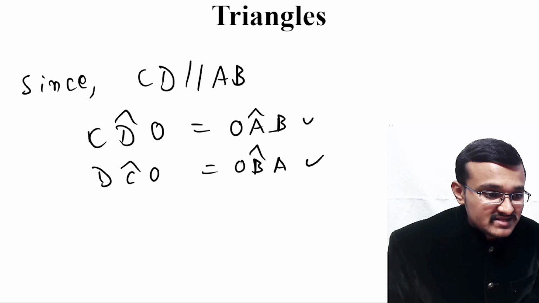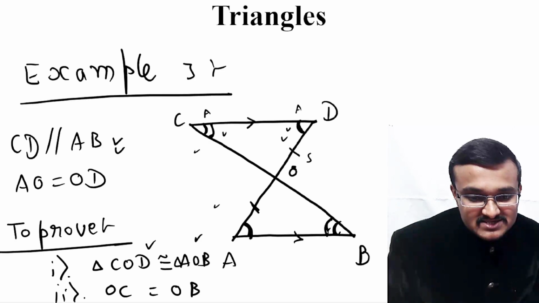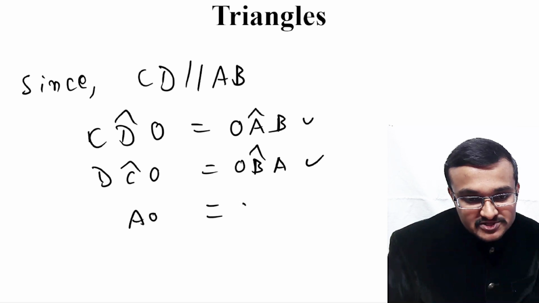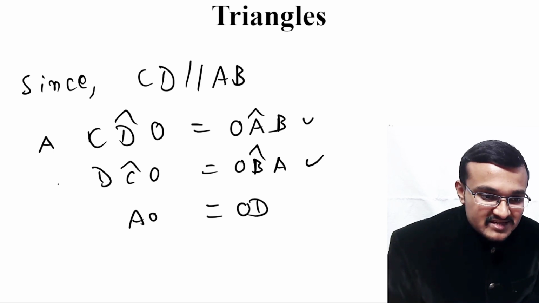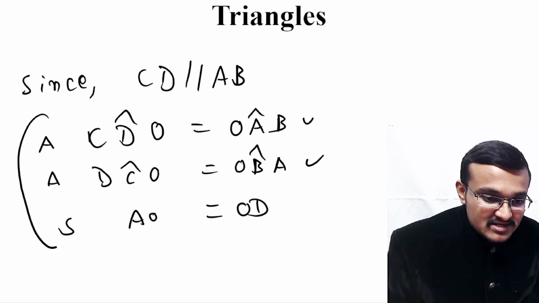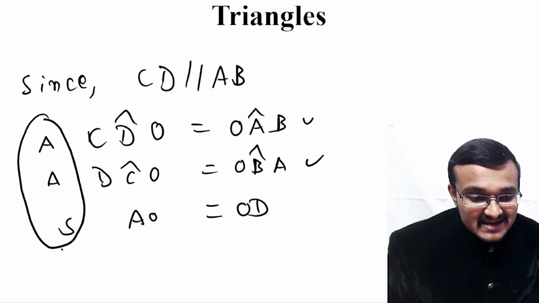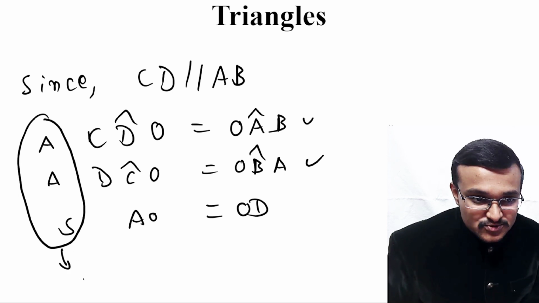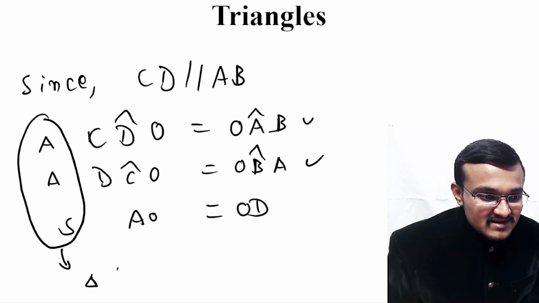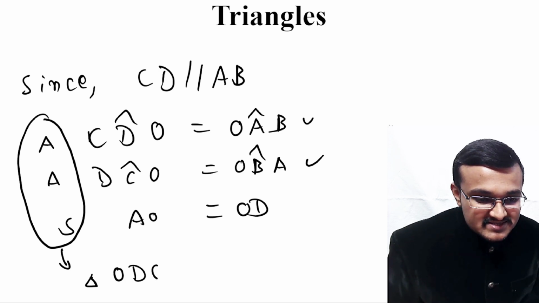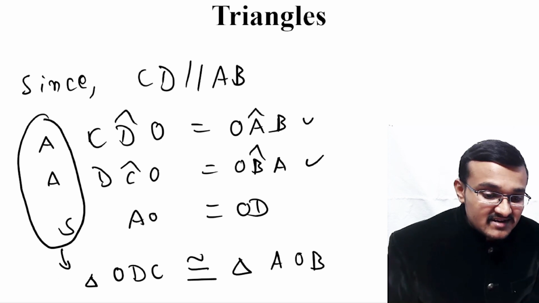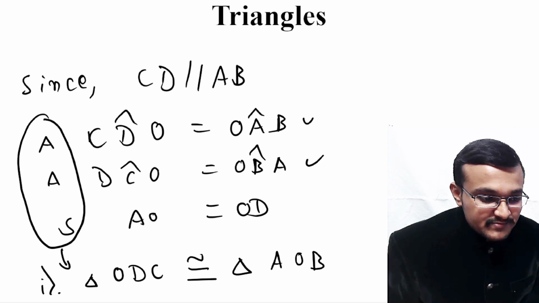Now here you can see they have given one data, that is AO is equal to OD. So that means here we are getting angle, angle, side. So according to the AAS congruence rule, here triangle ODC is congruent with triangle AOB. So the first question we have proved.